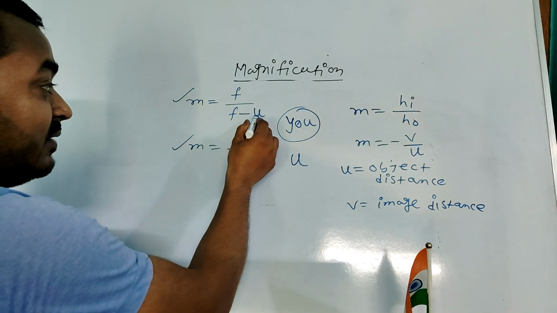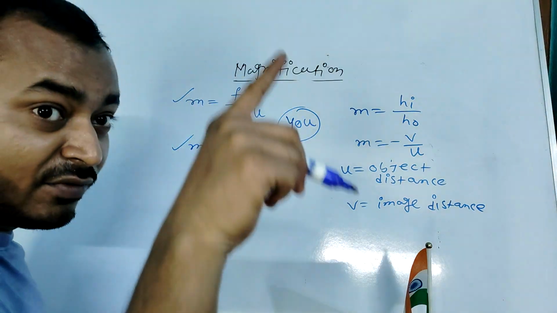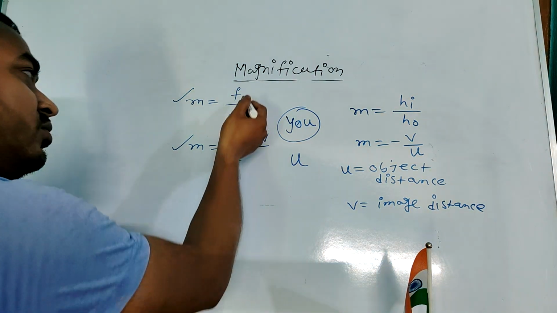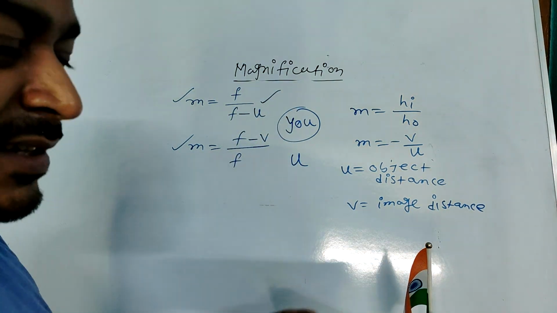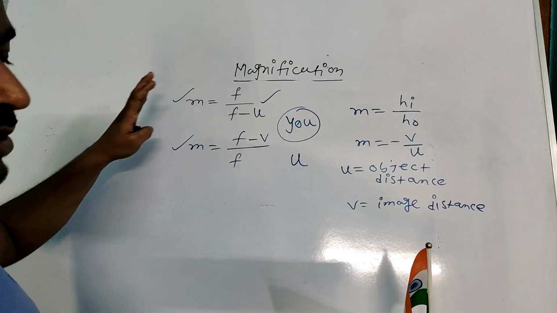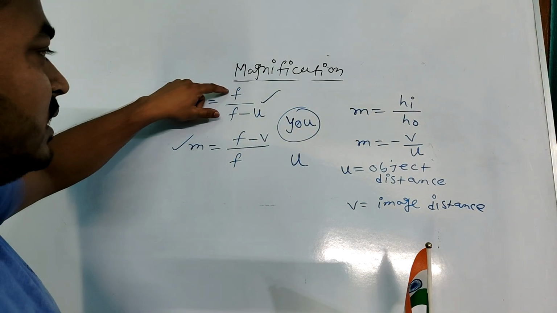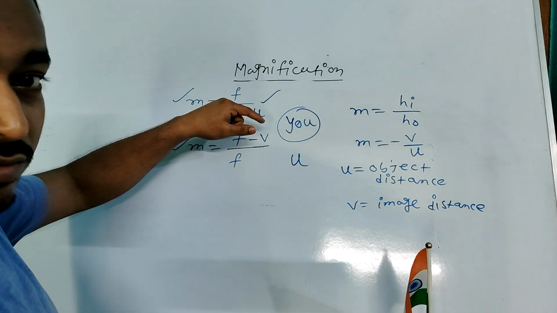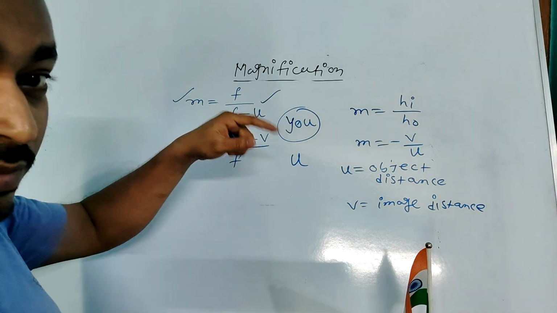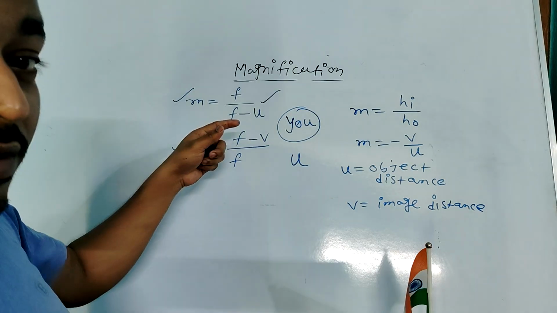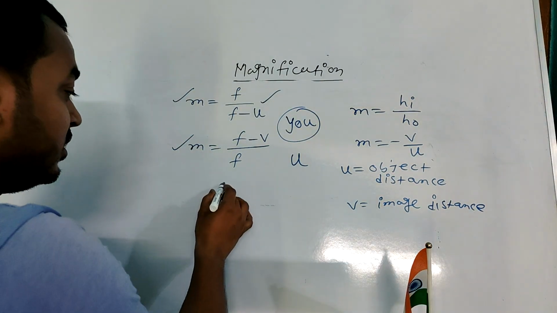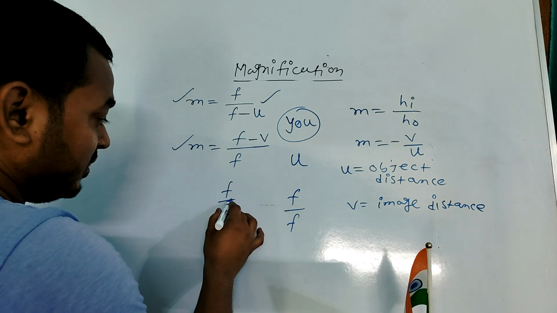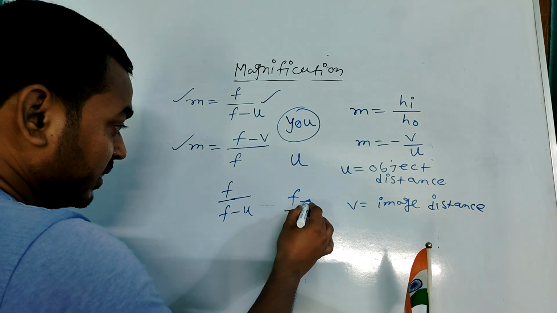So m is equal to f by f minus u. And in terms of v, f by f minus v.